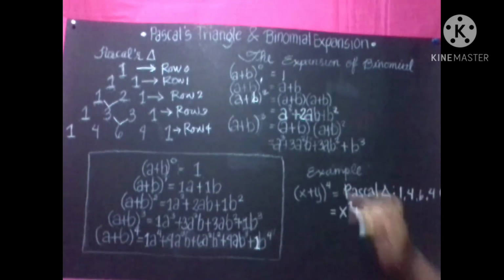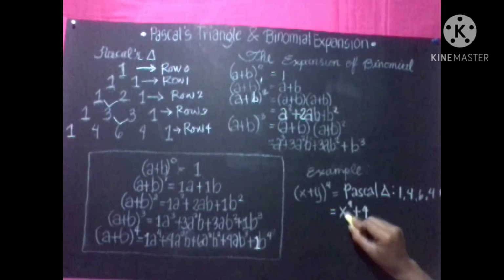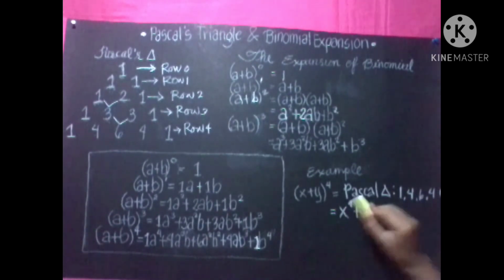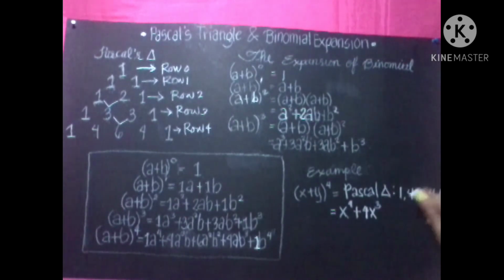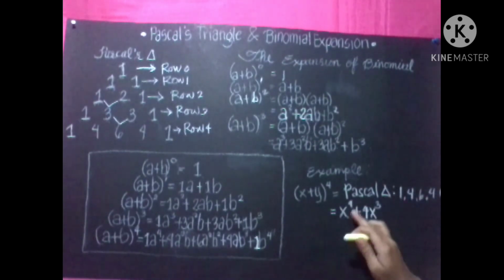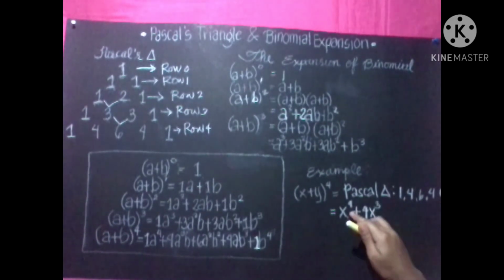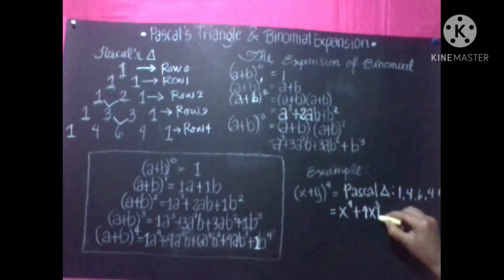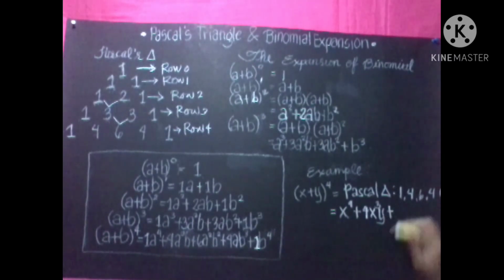It is raised by 4. So what happened next? When x is up, y must be down. So 4x cubed, and our y: there is no y over here, or y is equivalent to the power of 0, so y goes 1. There is 1 over there, so plus, but we don't need to put it.